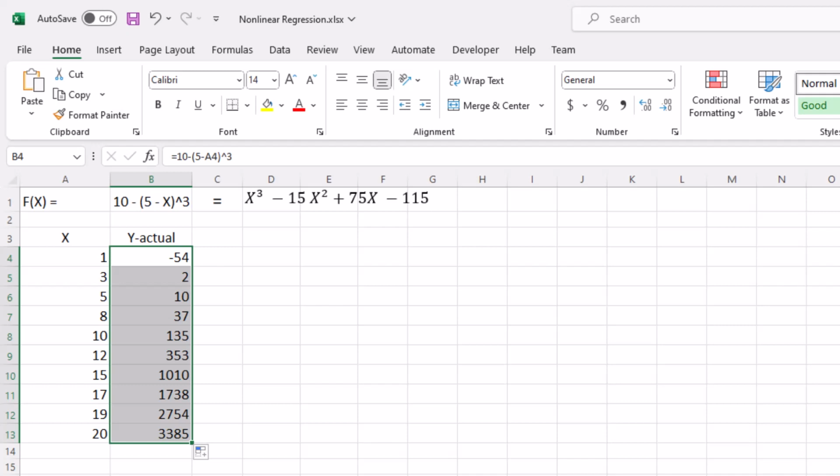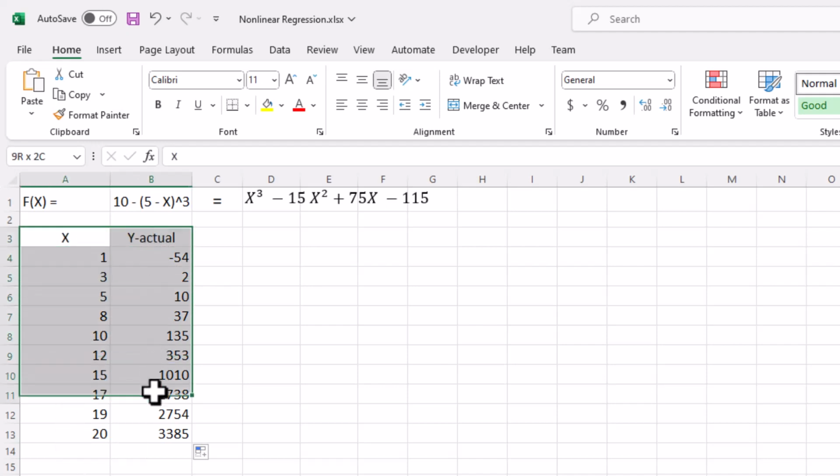Now, ordinarily, you will not know the form of the function and you have a set of data that you would like to use regression in order to develop the formula and possibly predict the future. The first step in doing regression is to actually plot the data so that you can see the shape of the function.